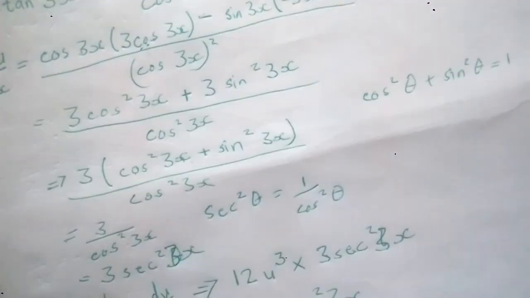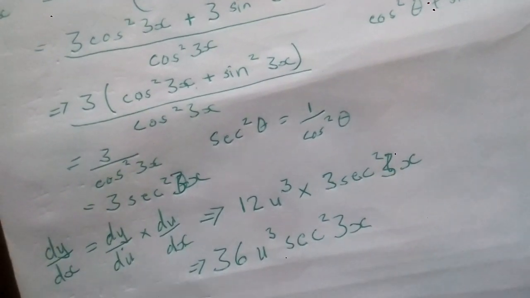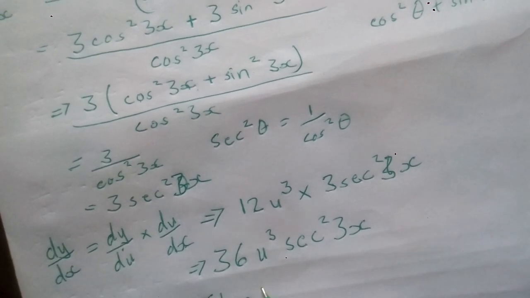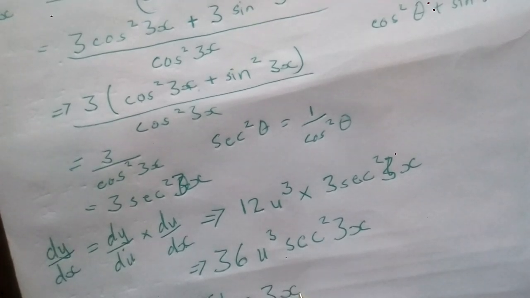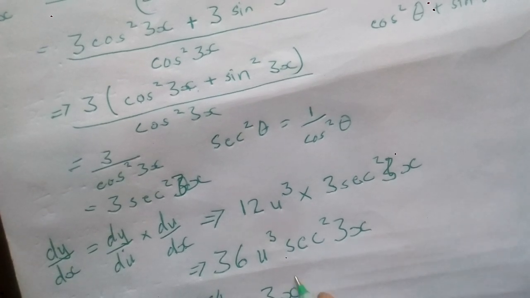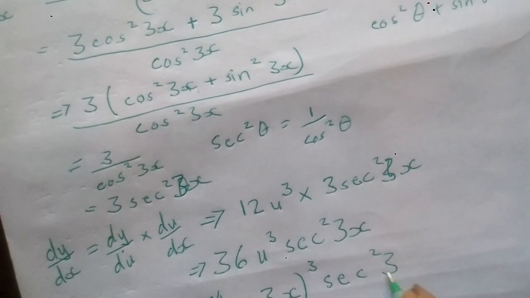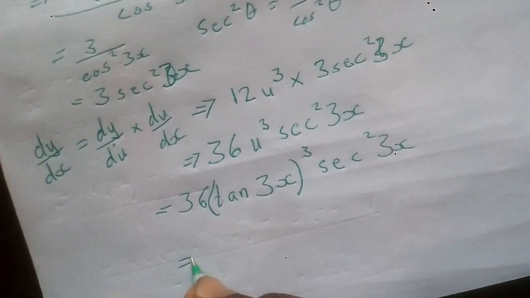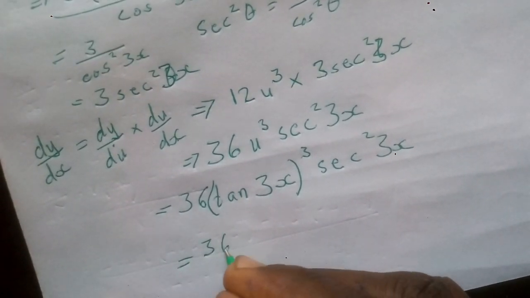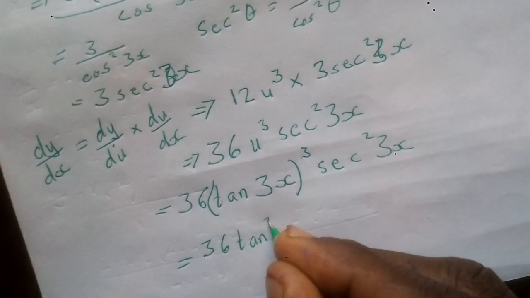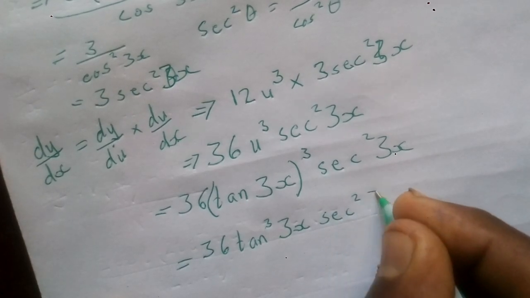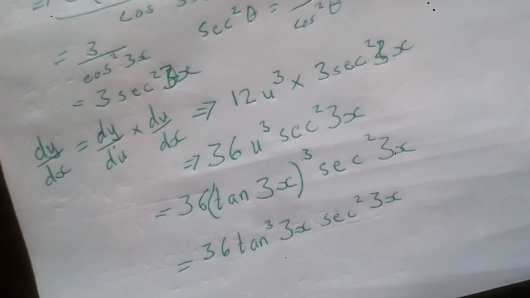So it will be equal to 36 tan 3x cubed sec squared 3x, which is 36 tan cubed 3x sec squared 3x. Now this is the answer.